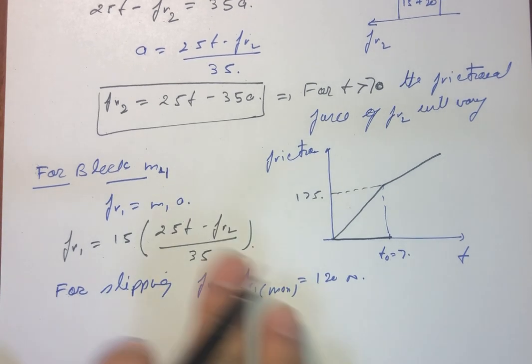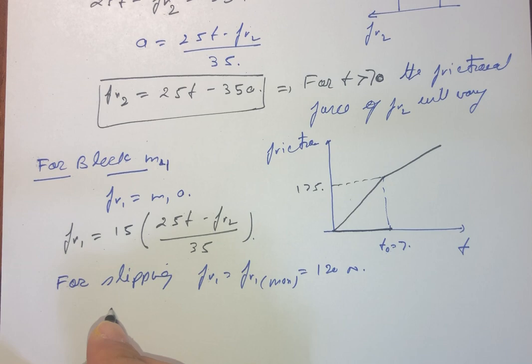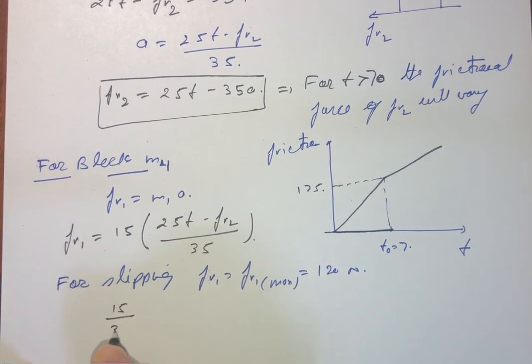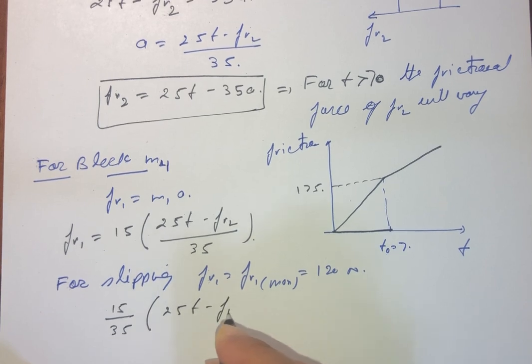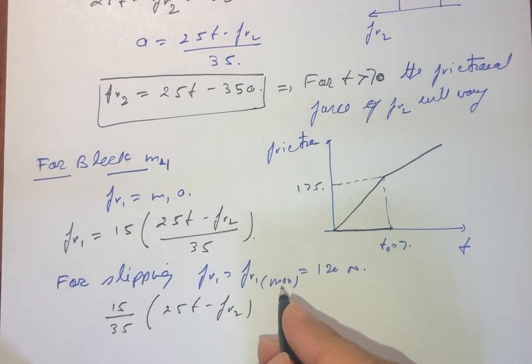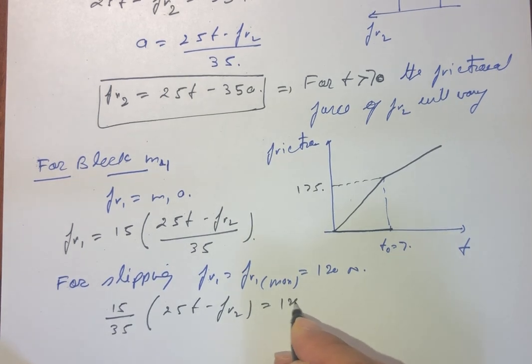So we can equate these two equations: 15 upon 35 times 25t minus FR2 is equal to 120.